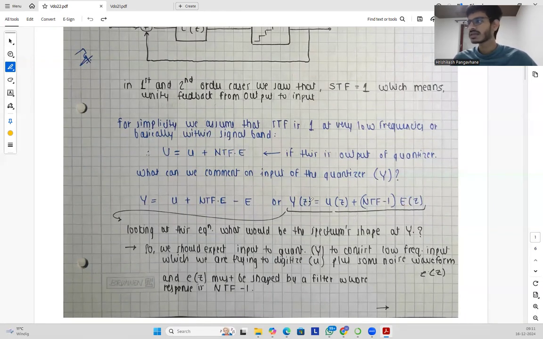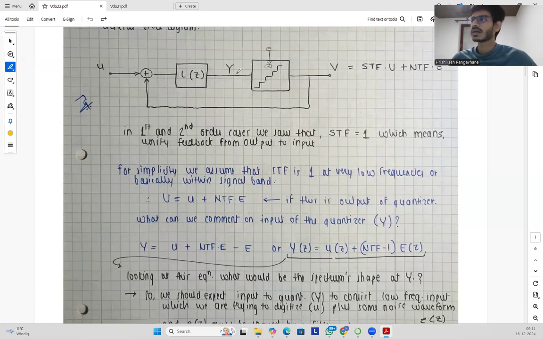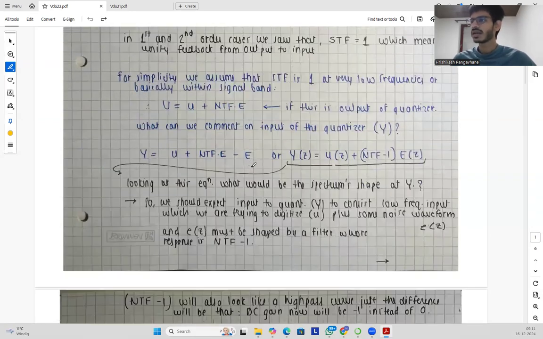Looking at this equation, what would be the spectrum shape at this point? How would the spectrum look like? That's what we are interested in. E of Z must be shaped by a filter whose response is NTF minus 1.